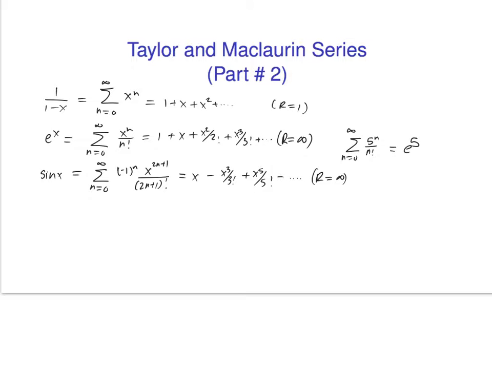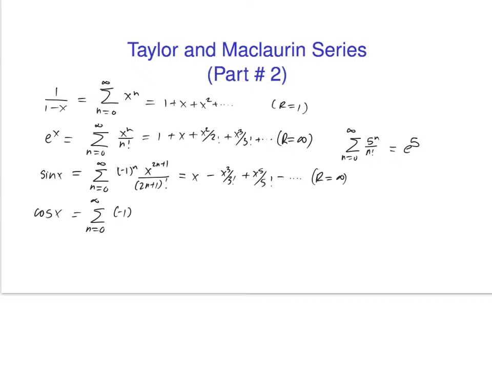And then how did you find cosine's series? It's the derivative of sine, which made that x into a 1, right? It made all the odd powers into even powers. So cosine's series is the sum from n equals 0 to infinity.